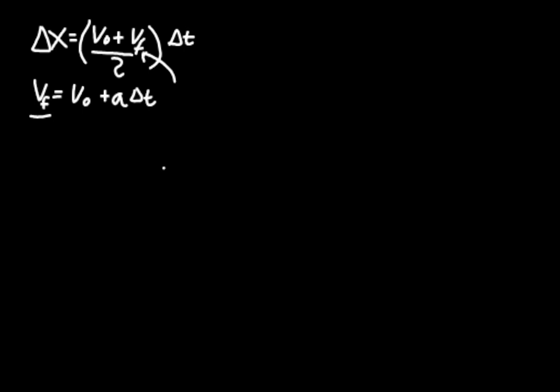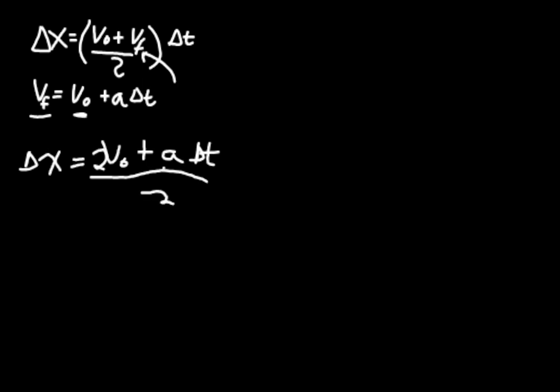So that gives us change in position equals our initial velocity plus our initial velocity again here. So we have twice our initial velocity plus acceleration times change in time, divided by 2, times change in time again.